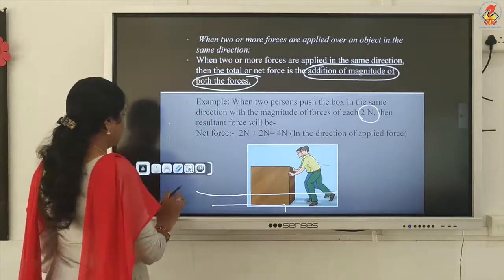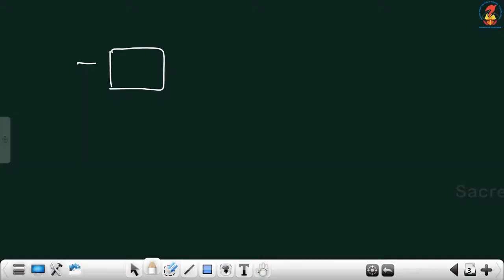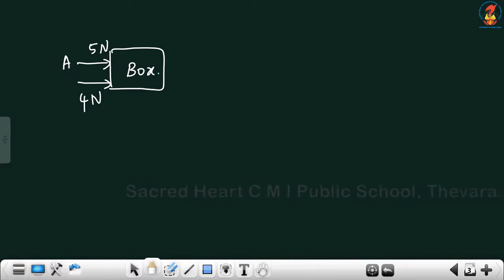Then one more problem we will do. It's a box. Suppose 5 Newton, 4 Newton. Two persons: A will apply a 5 Newton force on this object and B will apply a 4 Newton force on this object.